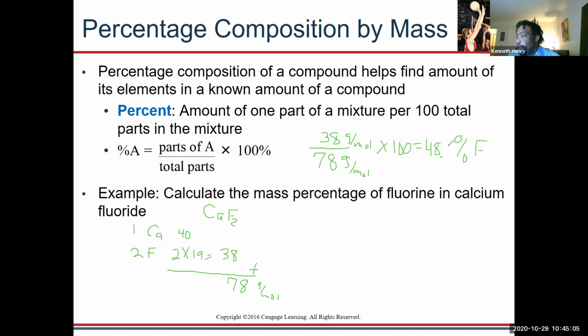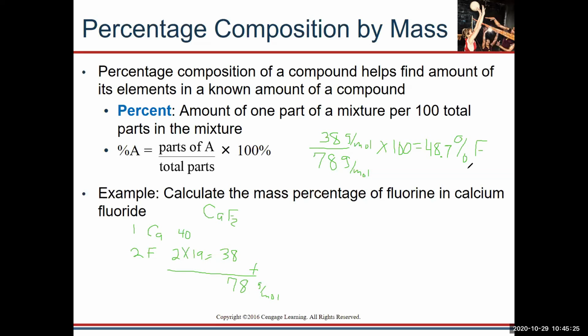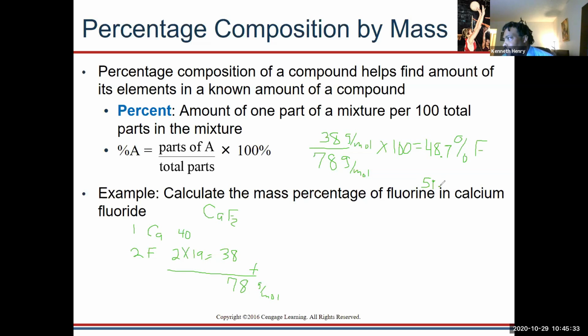Okay, I have a question for you. If 48.7% of calcium fluoride is the fluoride, then how much is the calcium? What is the percentage of calcium in there? 51.23. Piece of cake.